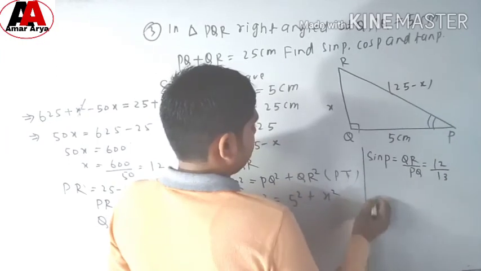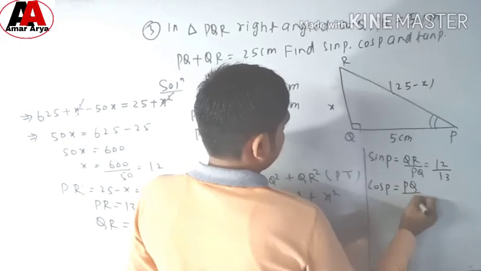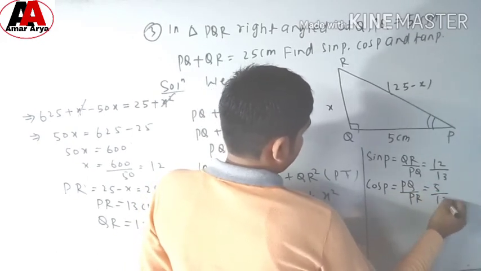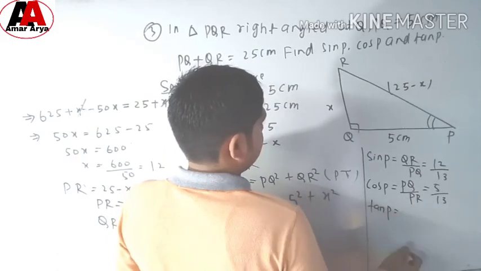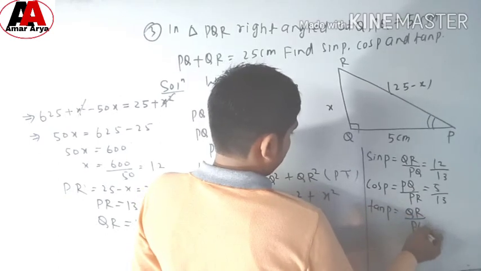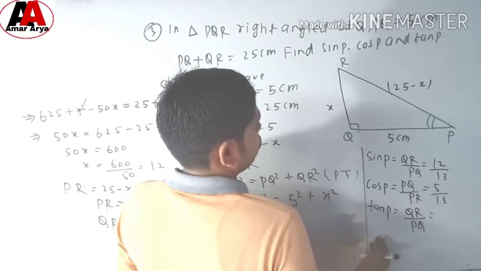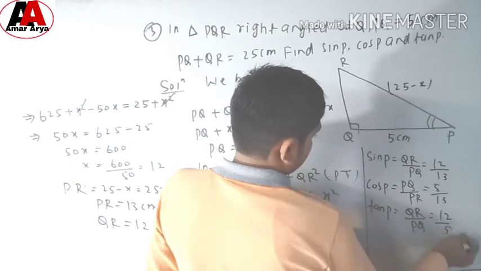The value of cos P means PQ by PR, so 5 by 13. And tan P means QR by PQ, so 12 by 5. So this is the answer.